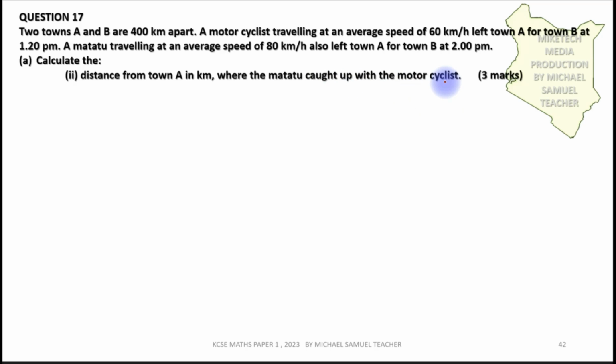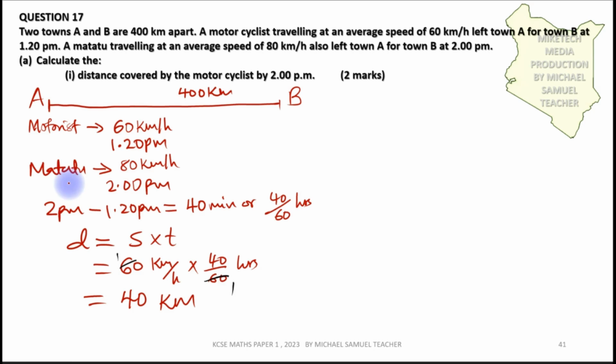Now, what I want you to note is that from town A to town B, what is the difference in time or difference in kilometers from where the matatu is? So by 2 p.m.